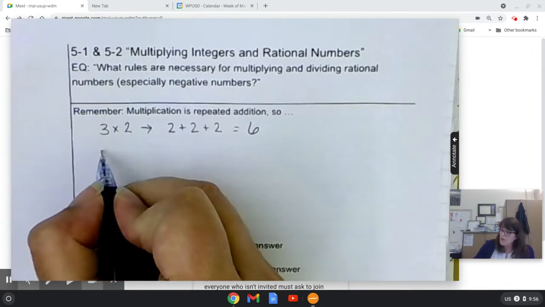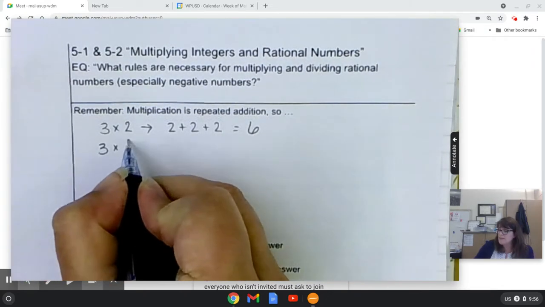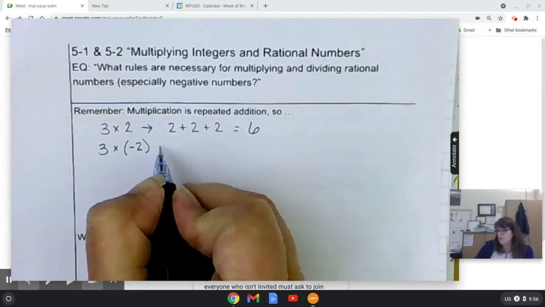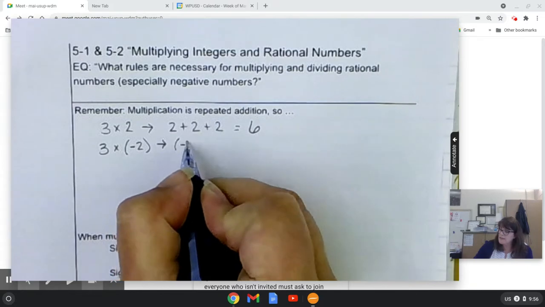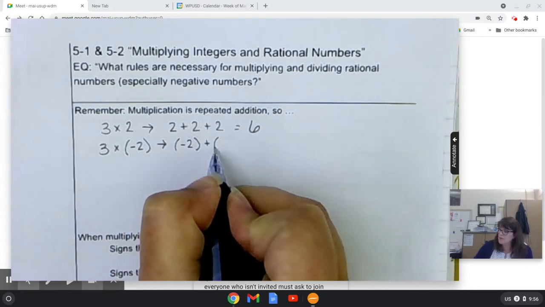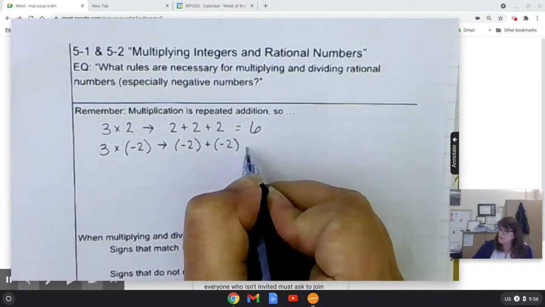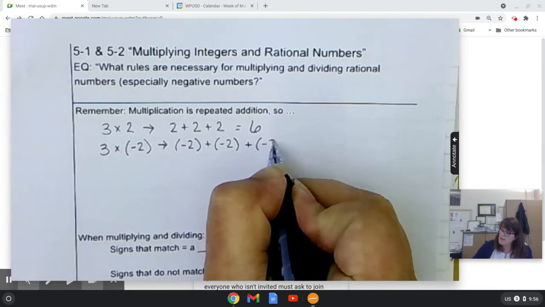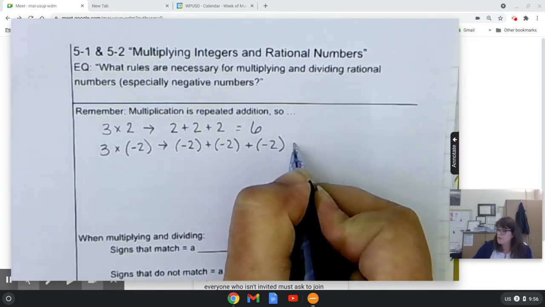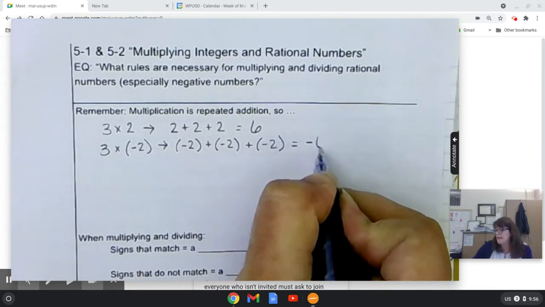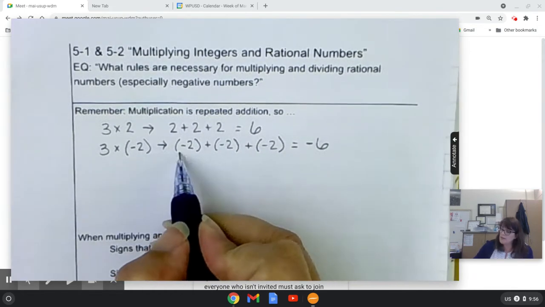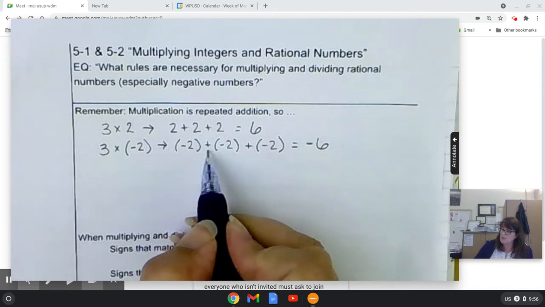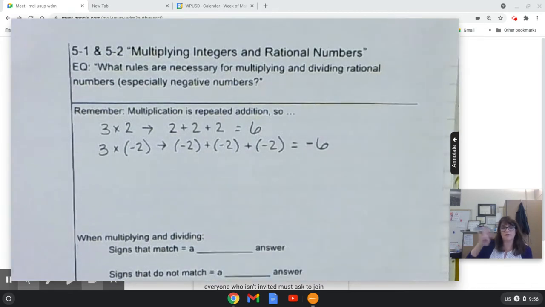Okay? 3 times negative 2, following the same process, is negative 2 plus negative 2 plus negative 2, so its value is negative 6. Now, I'm only using the parentheses because otherwise when you see a negative and a positive, it's just confusing.